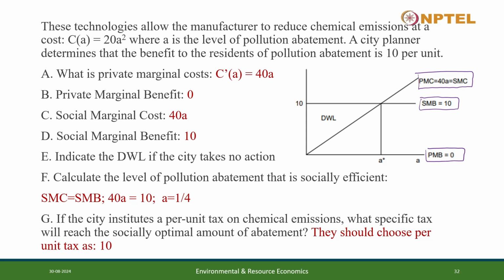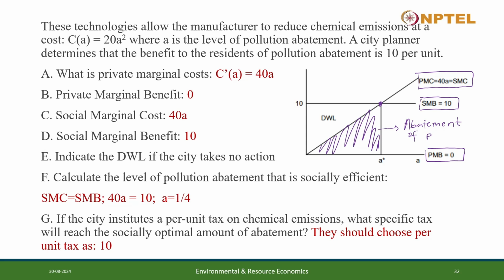Now we are saying, indicate the deadweight loss if the city takes no action. So, if there is no action which is being taken, then what will be the deadweight loss? So, let's say that initially the firm will abate till this value, right? So this will be the cost incurred for abatement of pollution.